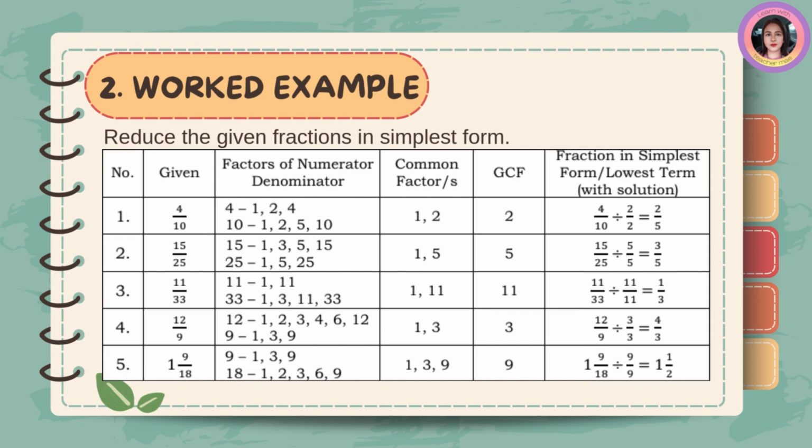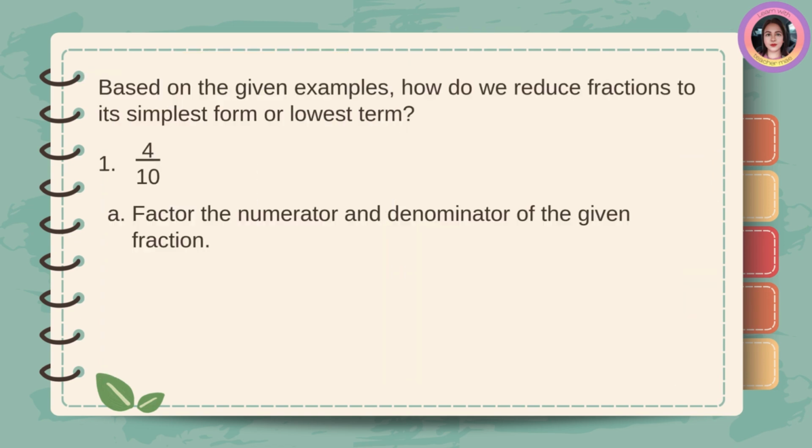Let's try these examples. Reduce the given fractions in simplest form. Based on the given examples, how do we reduce fractions to its simplest form or lowest term? Example number 1, 4/10.